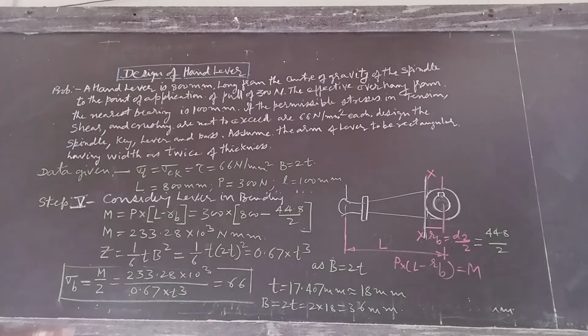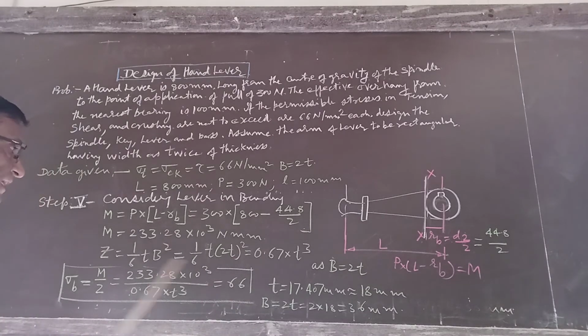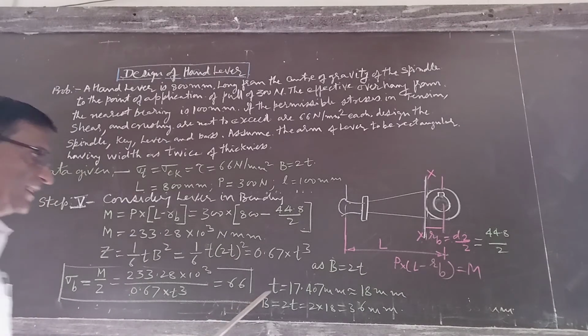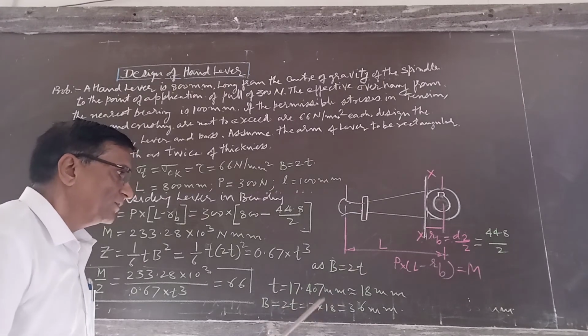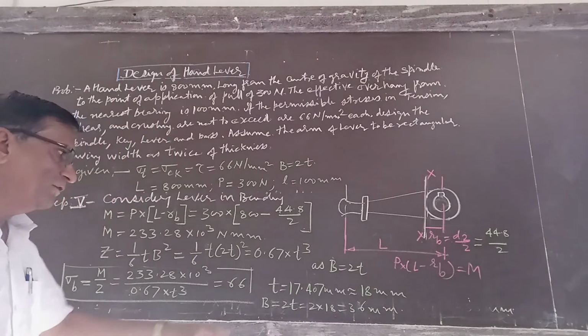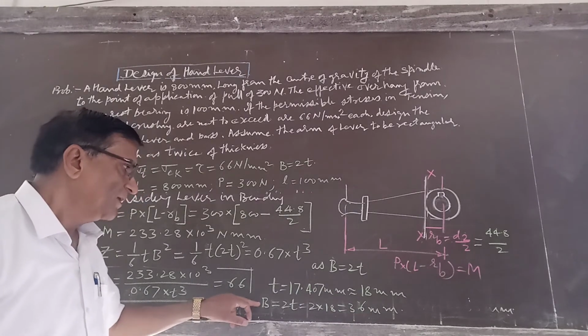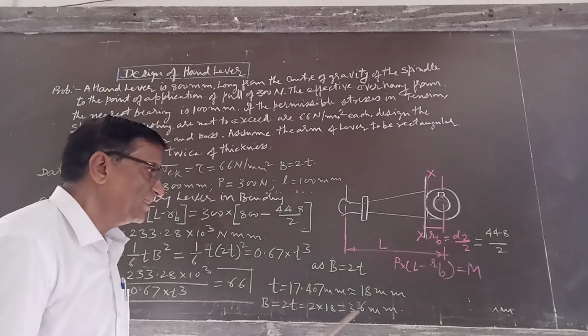So putting the values of M and Z, and sigma b is equal to 66, we will calculate the value of t, that comes out to be 17.407. So we will take t is equal to 18 millimeter, and from that we will calculate the value of b. As b is equal to 2t, b comes out to be 36 millimeter.